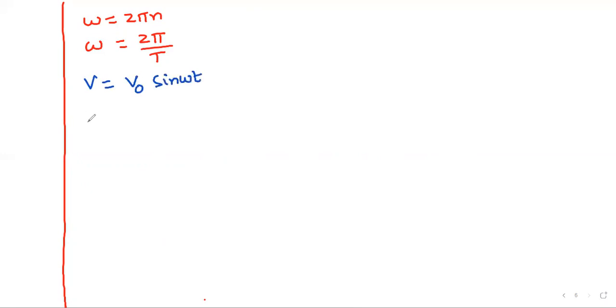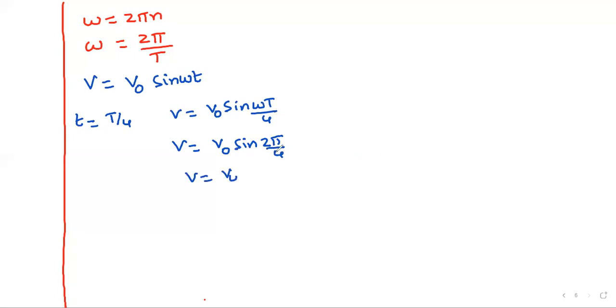When t is equal to T by 4, V equals V naught times sine of omega times T by 4. I can write omega into T as 2 pi, and V equals V naught sine pi by 2.